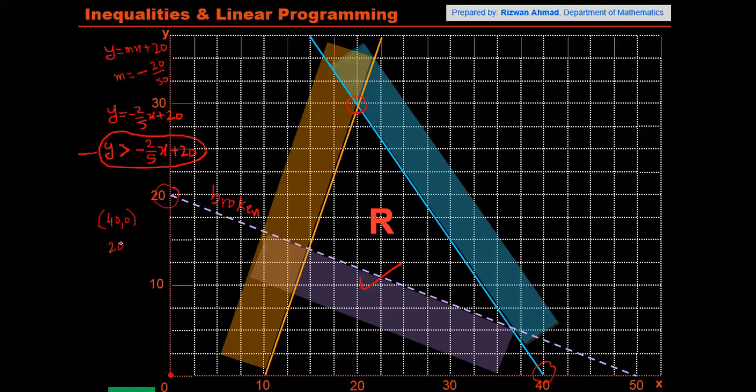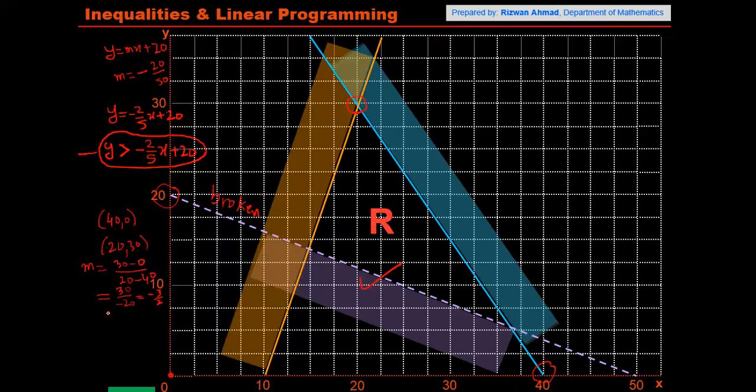So the other point is 20 comma 30. So the gradient of this line will be m equals 30 minus 0, y2 minus y1 over x2 minus x1, so 20 minus 40. So this is equal to 30 divided by minus 20, so 30 over negative 20. So it is minus 3 over 2. So the gradient is negative 3 over 2.